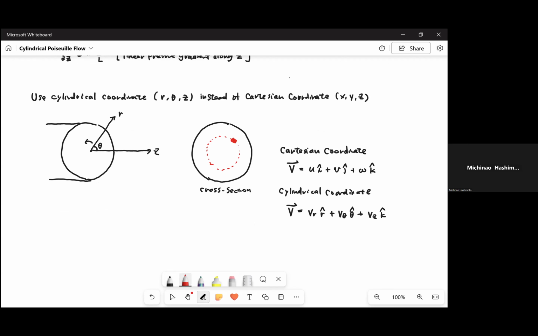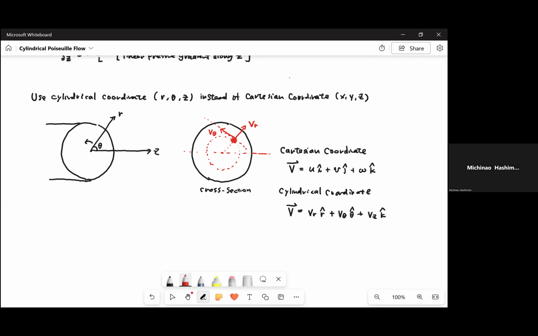V_r is the velocity in the direction from the center; considering from the center, there might be some velocity, which is V_r. And for the direction along the angular direction, this is V_theta. And then V_z is really easy.